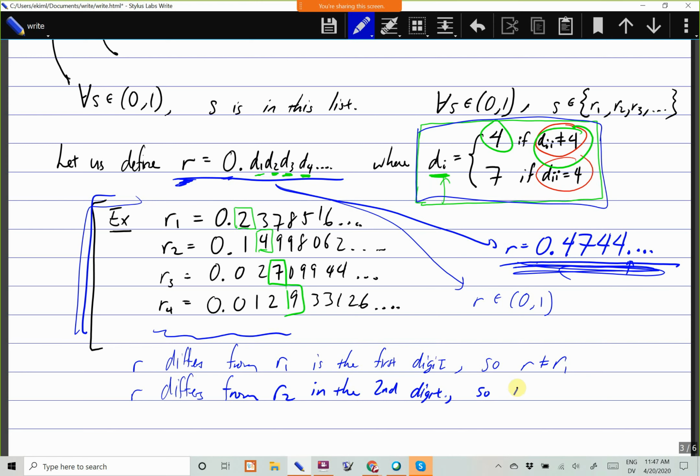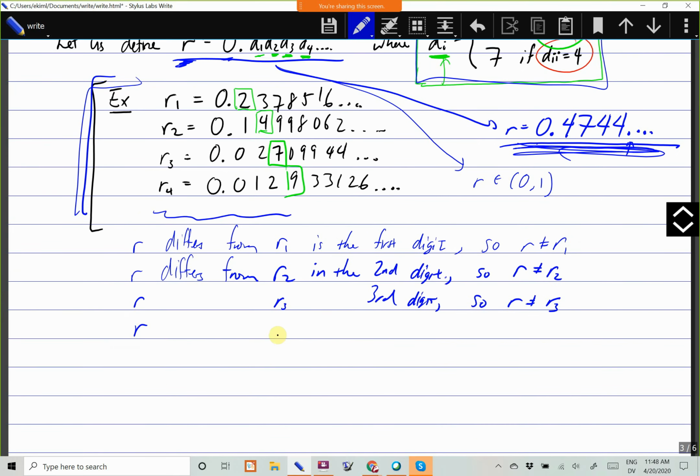We just know that our number that we created is not equal to R sub 2 because the decimal expansions of these two numbers differ in the second digit. And R differs from R3 in the third digit. So R is not equal to R sub 3. R differs from the fourth number, which was R sub 4, in the fourth digit. So R is not equal to R sub 4.